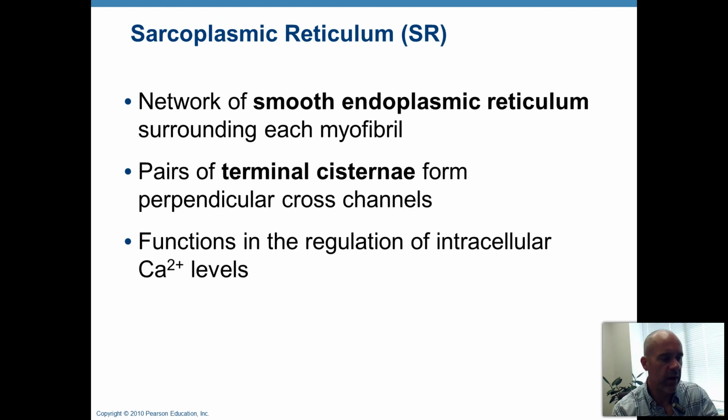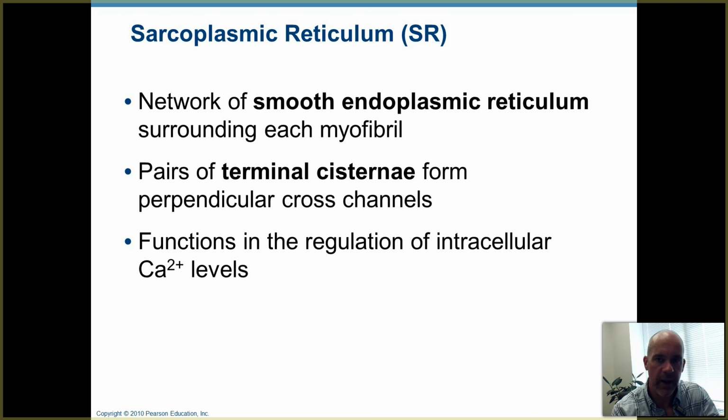Okay, on these slides are some things that I just mentioned when we were going over the diagram. There's your SR again, really just a bunch of smooth endoplasmic reticulum that looks webby and surrounds each myofibril.